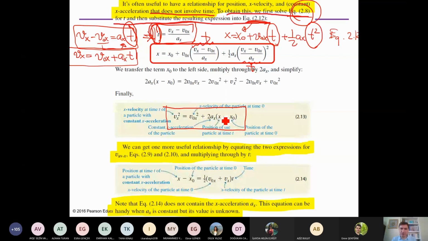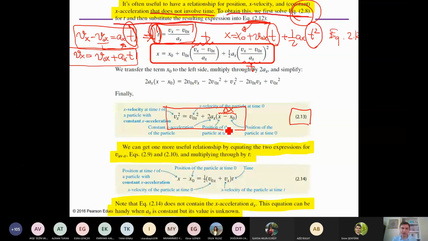And in some questions, it is also given as delta x, displacement. Okay, so now we have equation 2.13 and it does not contain any time. So t is missing here. If the time is not given within the question, this equation is very, very useful for the constant acceleration.